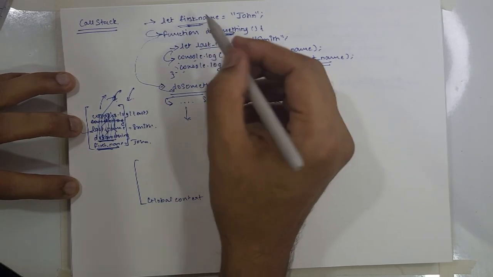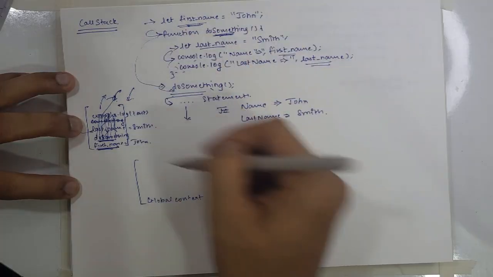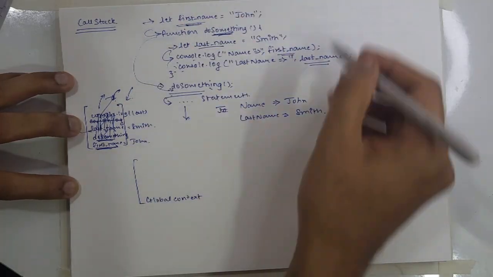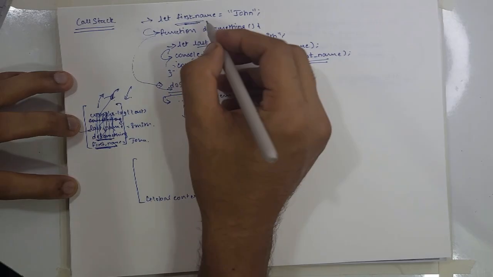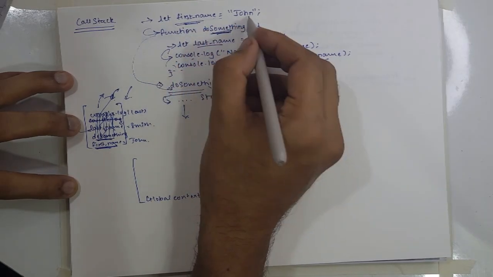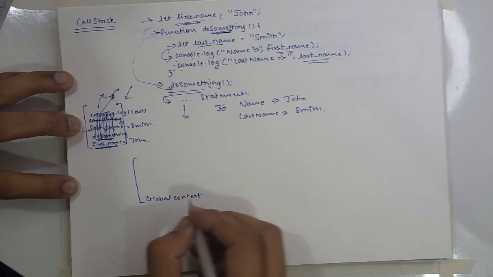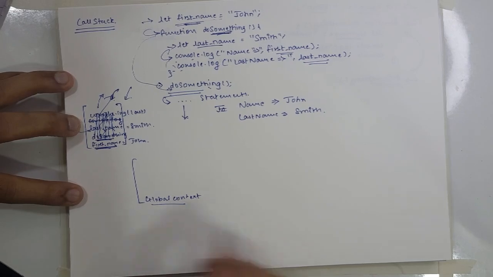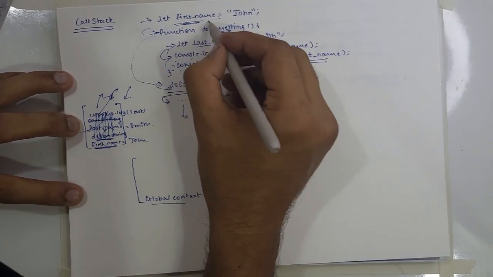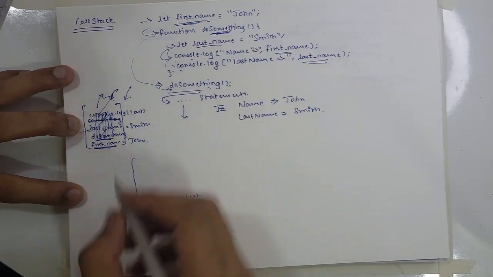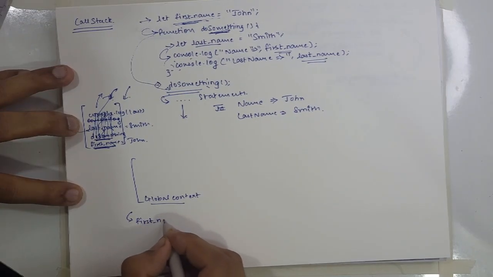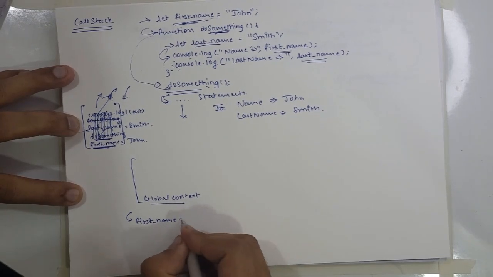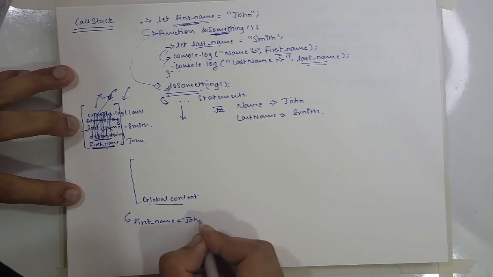Global context means the code that is getting executed outside this function, on the top level, where the do something function definition is present, where the first name variable was initialized. That is the global context. Now what does this global context have? This global context has first_name and the function definition. So the global context knows that the variable first_name is equal to John.